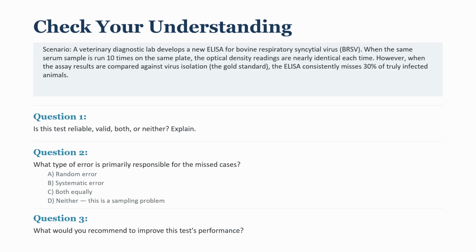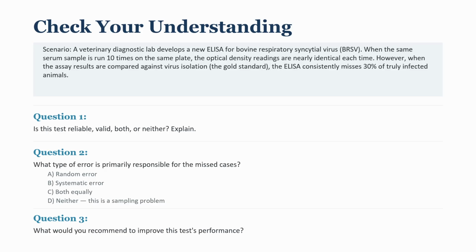Perhaps the assay's antibody threshold is set too high, or the test was developed against one viral strain and misses another. Or the assay requires a higher antibody titer than many infected animals produce early in infection. Whatever the cause, it's directional and consistent. That's systematic error, not random error.